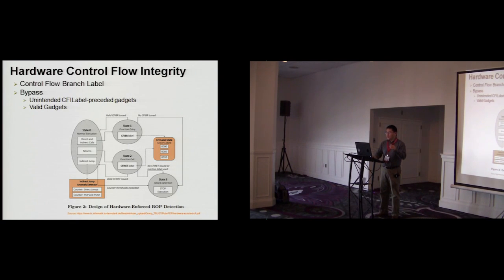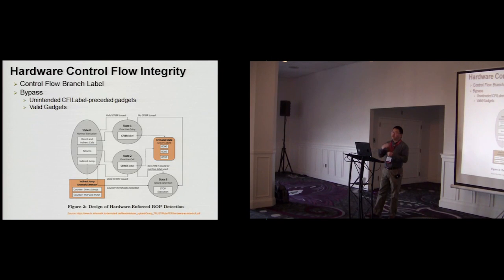This paper published by Lucas talks about hardware-enhanced ROP defense. So basically, think about the policy. If you have to land at a place with a tag, that means it's always a valid gadget, right? They try to stop unintended gadgets.